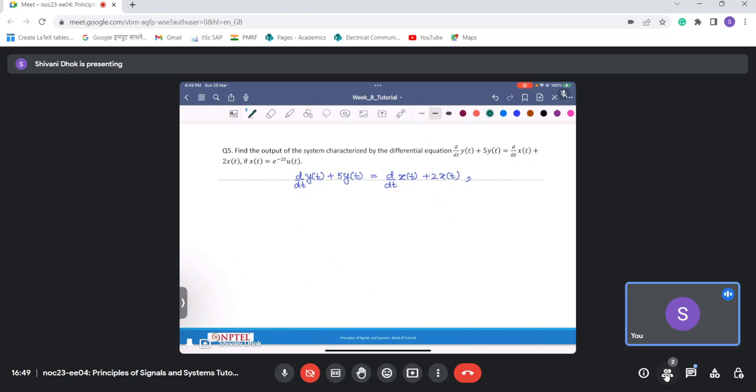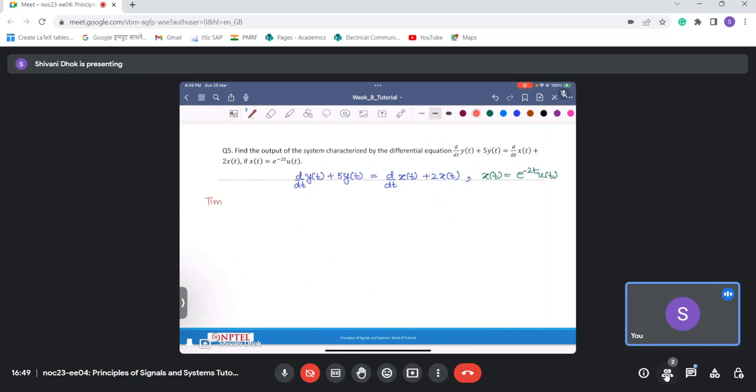Another thing that we have is this input, given as x t equal to e power minus 2t u t. Now what we need to find is the output of the system, which is y of t, for the given input. Now let us look at the time differentiation property of the Fourier transform.